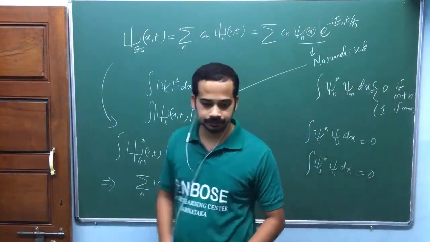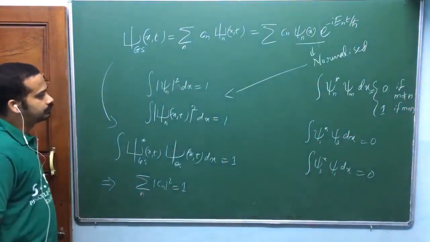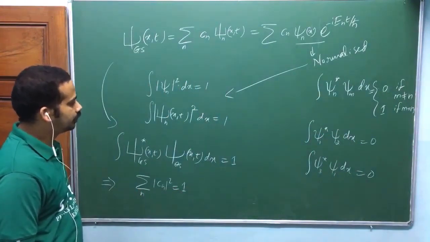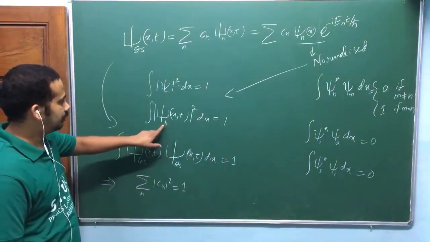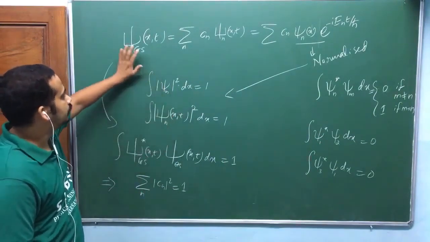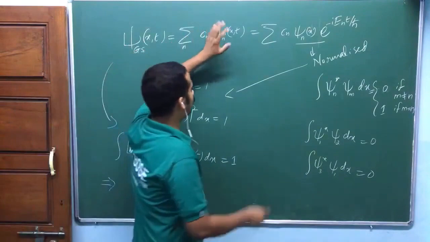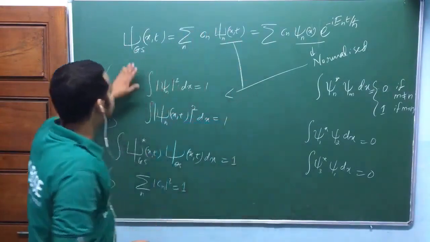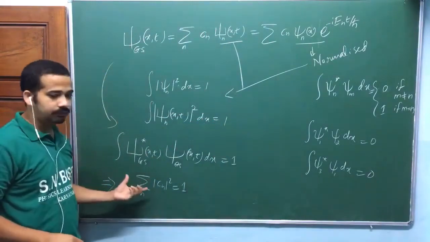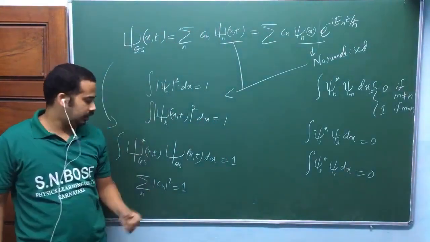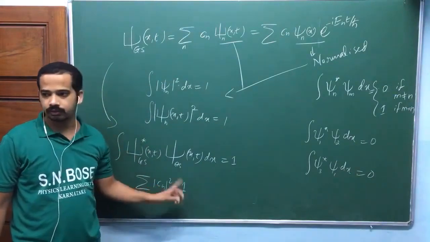Sir, if psi n is normalized, then is psi gs normalized or not? If the psi n are normalized, these are normalized, but this need not be normalized. You need to enforce this condition. You can put any coefficient, but you should take care that the summation over mod cn square should be equal to 1.